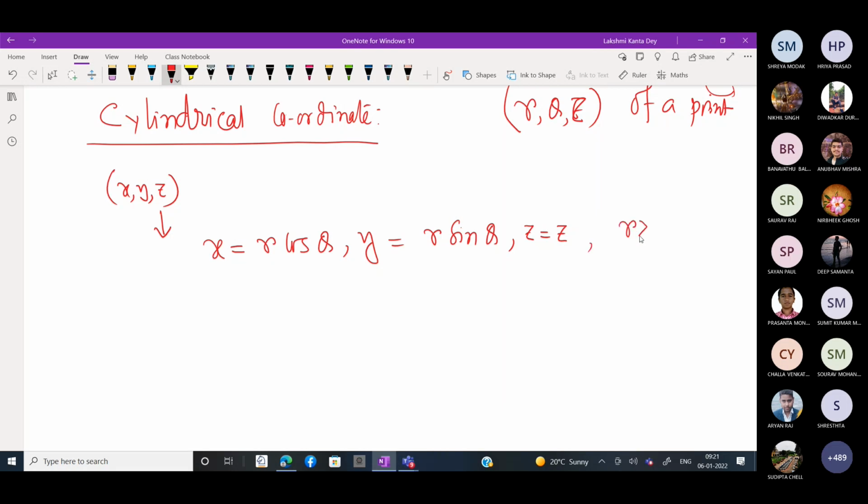Where r is greater than or equal to 0 and theta is having the full rotation.